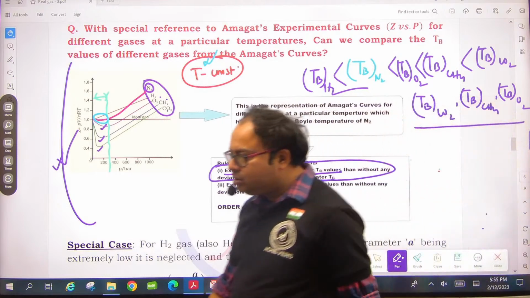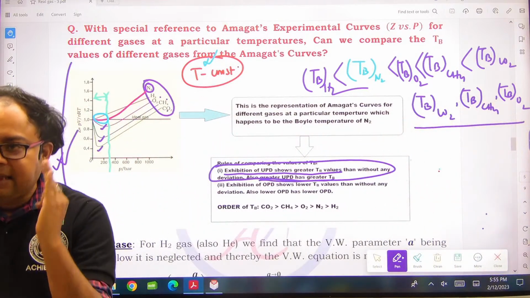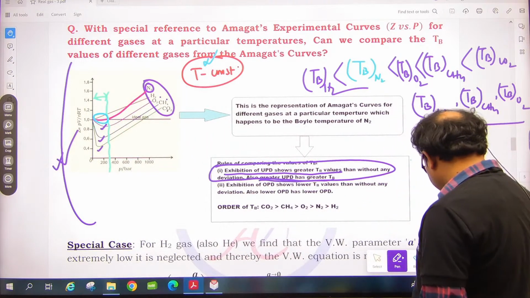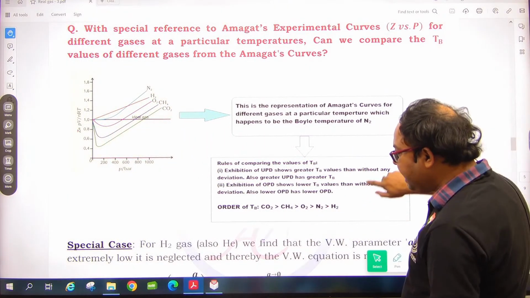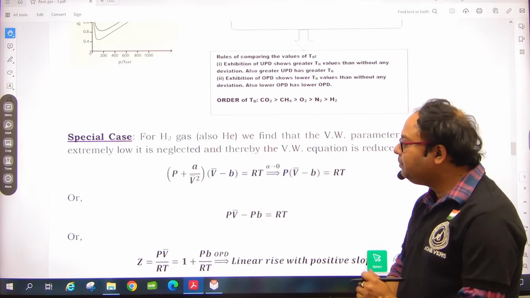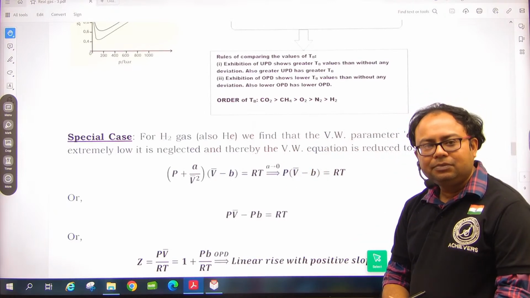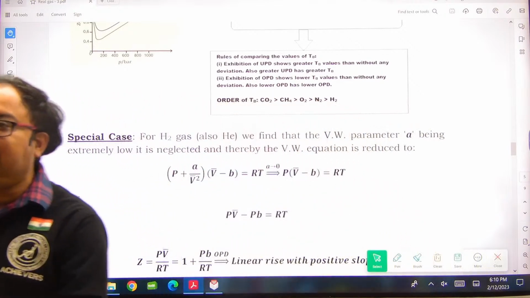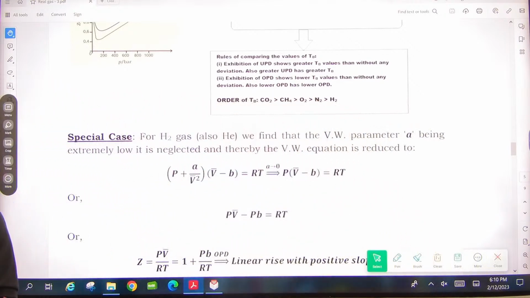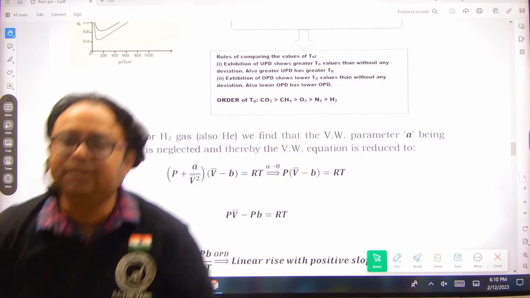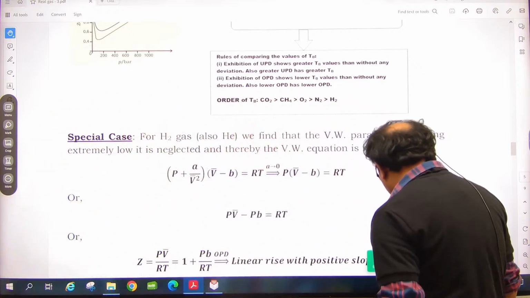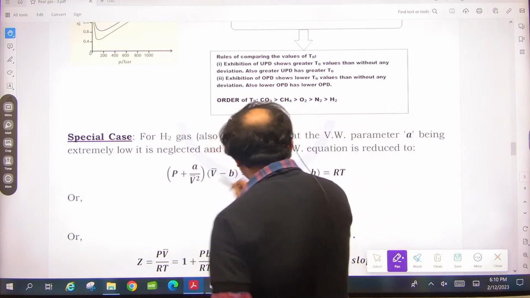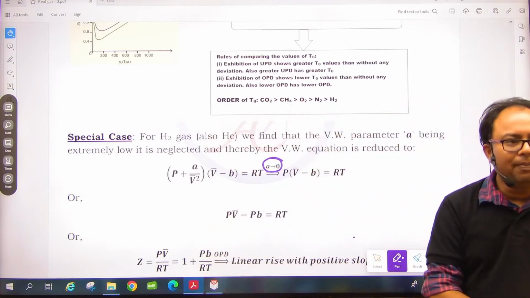Now students, we need to exemplify a very special case over here. That is the case of hydrogen and helium. Actually, for hydrogen and helium, due to very small size, the value of a is tending to 0.